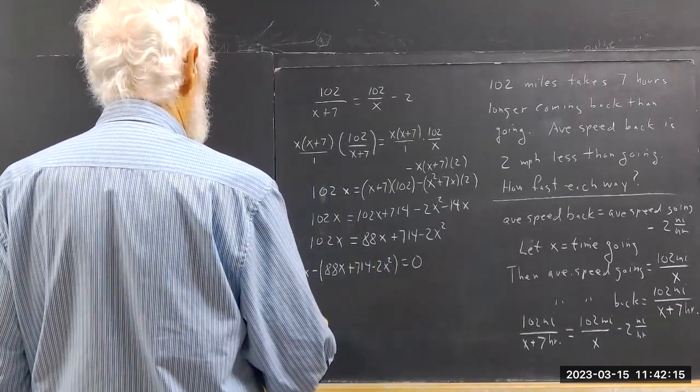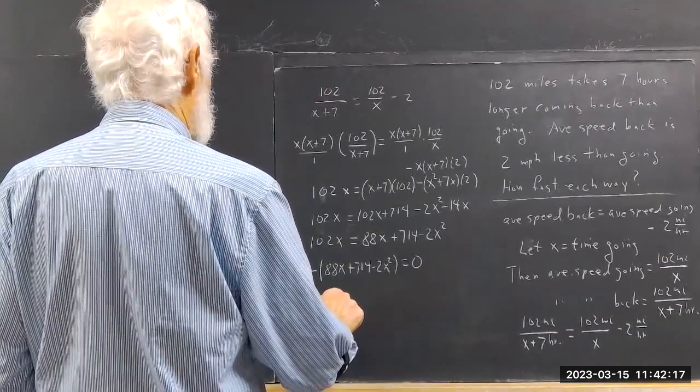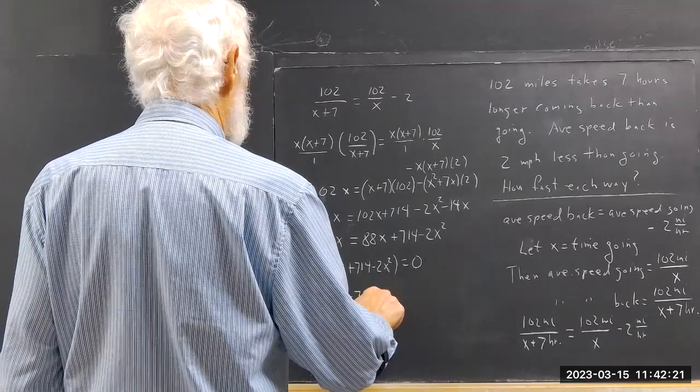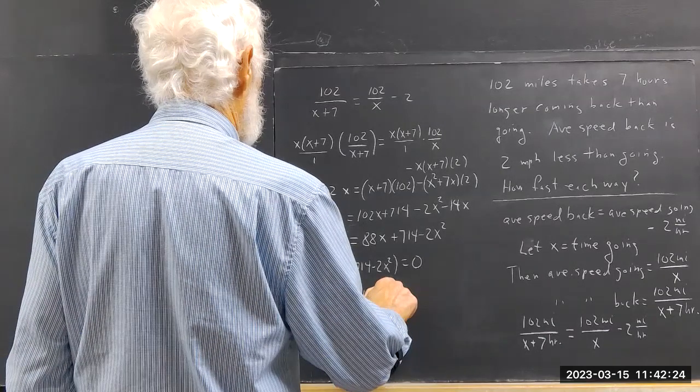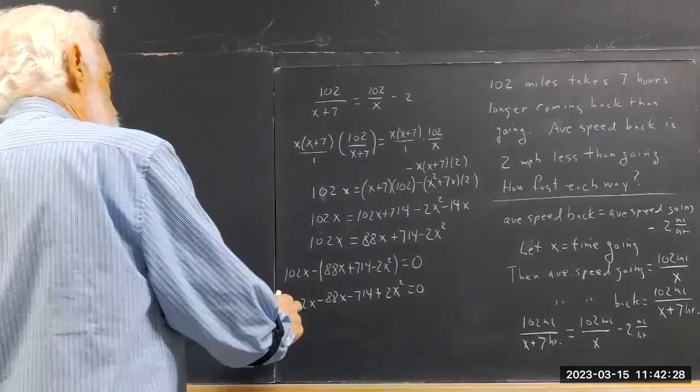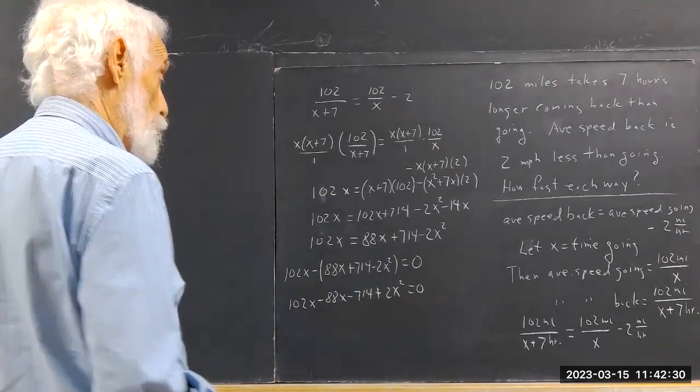Well, that means then we have 102x minus 88x minus 714 plus 2x squared equals 0. And 102x minus 88x is 14x.